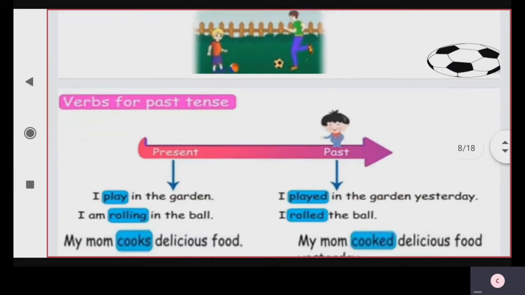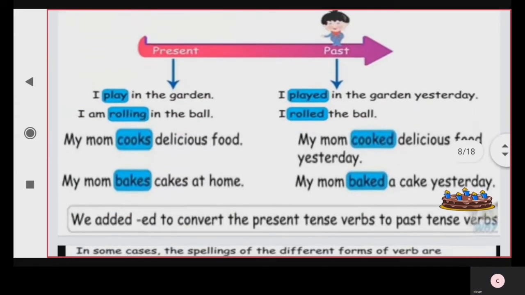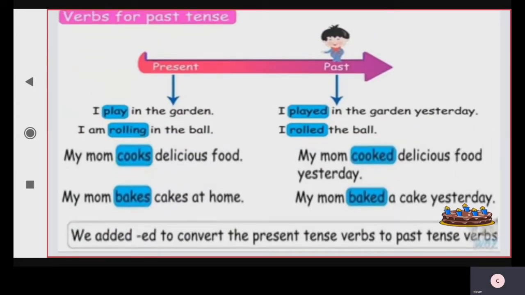Let's see some more examples. Present, past. I play in the garden. I played in the garden yesterday. I am rolling the ball. I rolled the ball.